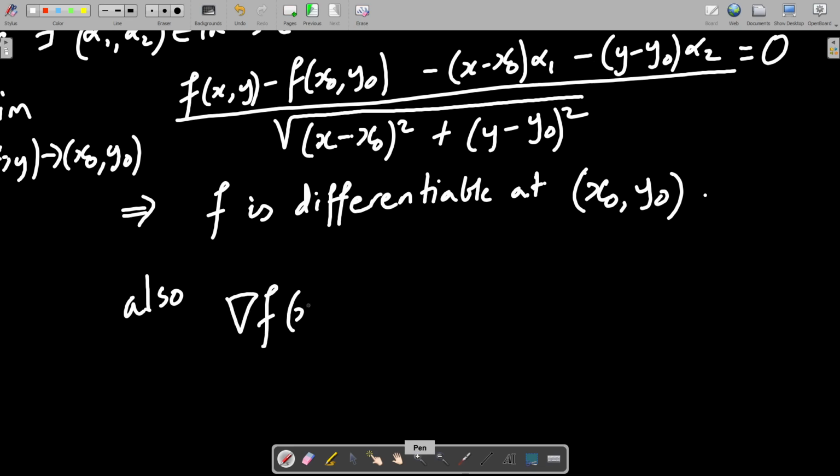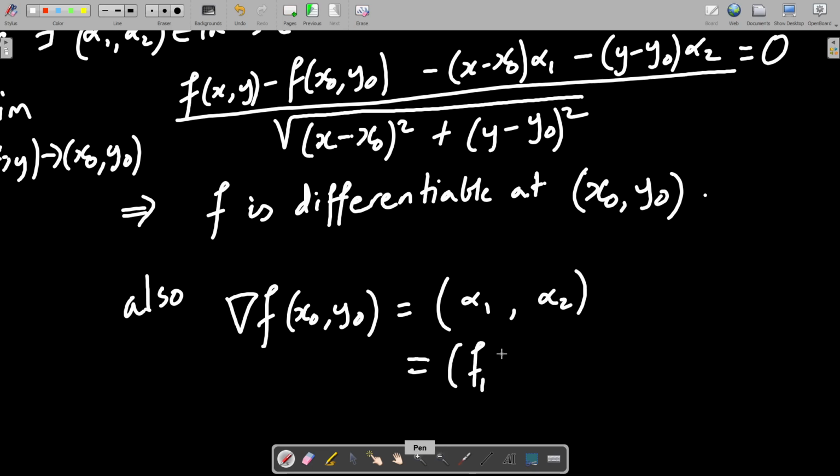So the gradient of f is going to be alpha 1 and alpha 2, but we have taken alpha 1 and alpha 2 to be equal to f1 of (x naught, y naught) and f2 of (x naught, y naught).